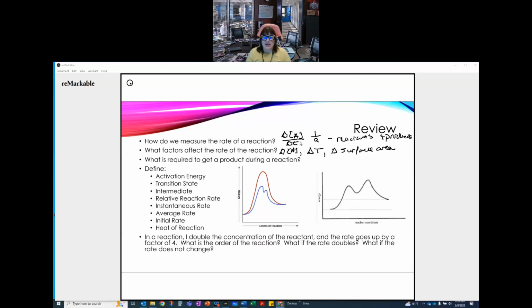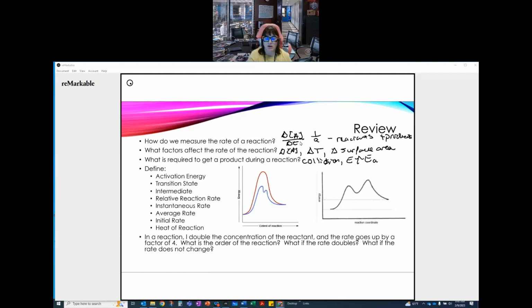What's required to get a product during a reaction? Well, there are 3 specific things that we've talked about. So in order to get to a product, my reaction molecules need to collide. So that's an issue. I need to make sure that there's a collision. That collision has to have sufficient energy. So the energy of that has to be greater than the energy required to get over that hump for the transition state.